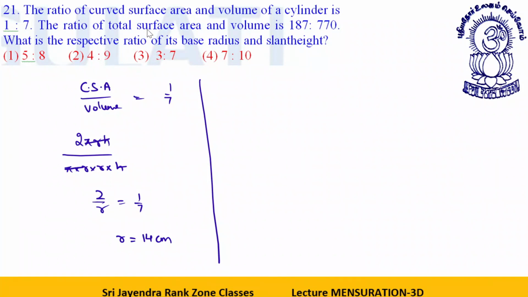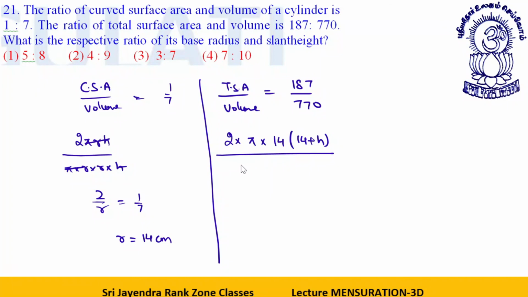Next, the ratio of total surface area and volume is 187 by 770. What is the total surface area? This is 2 into pi into R into R plus H. Let me write it R for the sake of convenience initially.